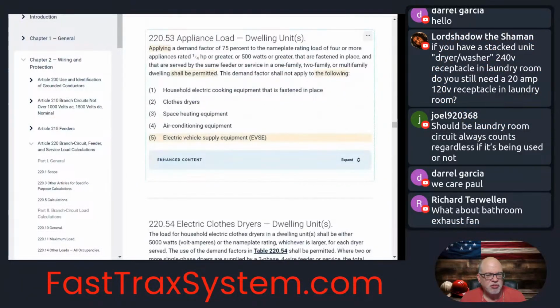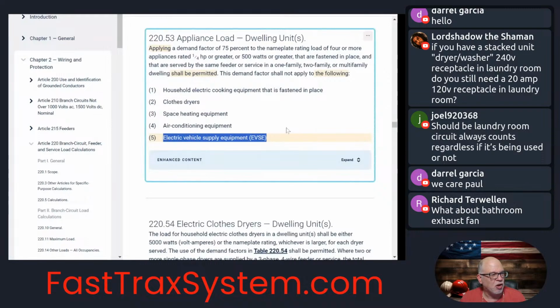So here's the appliance section, and you see in the 2023 that it again does not apply to the following. So the EV chargers cannot be in this mix. But here's the deal. That 75% demand when you have 4 or more is going to be based on this. It says 4 or more appliances rated a 4th horsepower or greater, or 500 watts or greater.